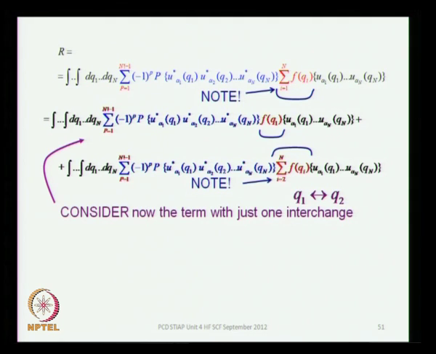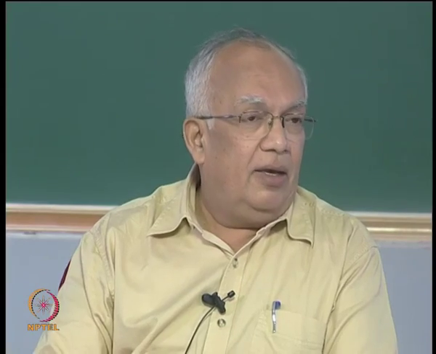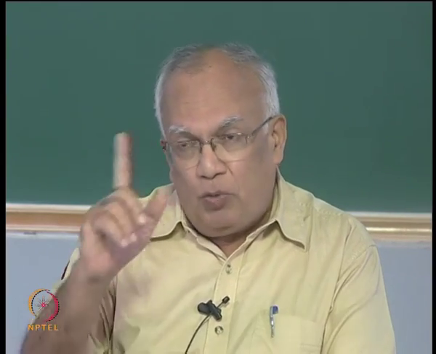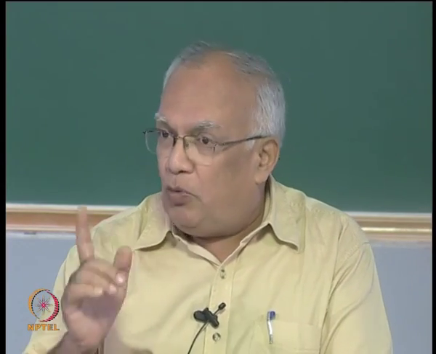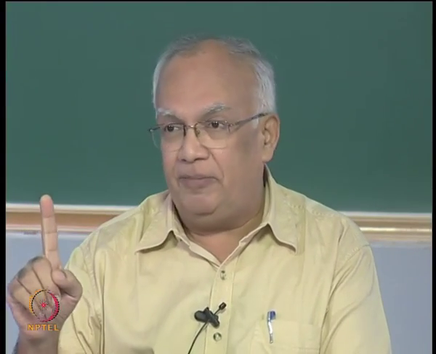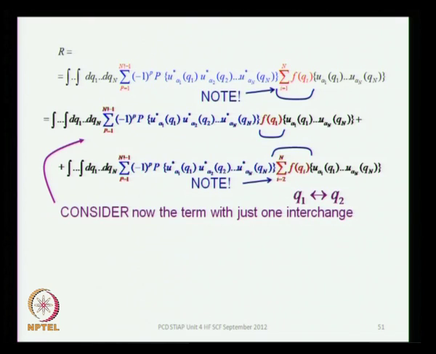So, we have all the remaining permutations, and the remaining permutations will have at least one interchange, because the identity is the only one which does not have an interchange, and we have already separated that term. So, it will have at least one interchange. So, let us consider the term corresponding to just one interchange, and let us do that for the first term.